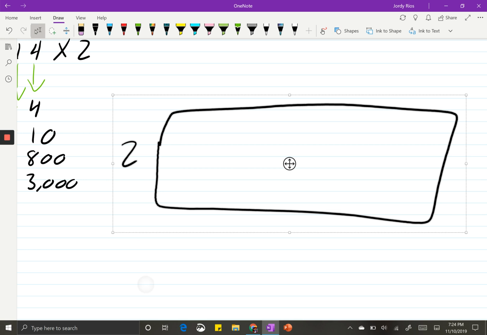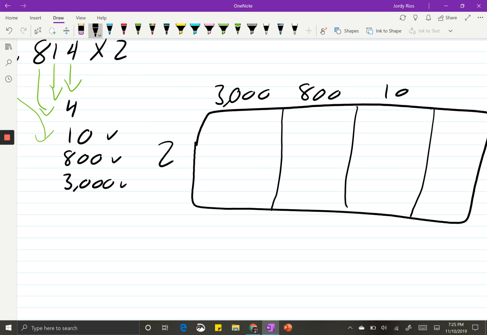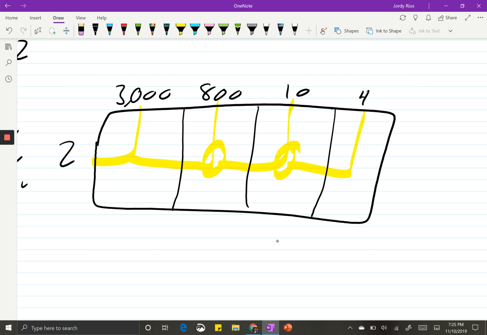So I'm going to be multiplying it by 2. By 3,000, check. 800, check. 10, check. And 4, check. Okay. So just like with everything, these two are going to be multiplying, and then these two multiplying, and lastly, these two multiplying.